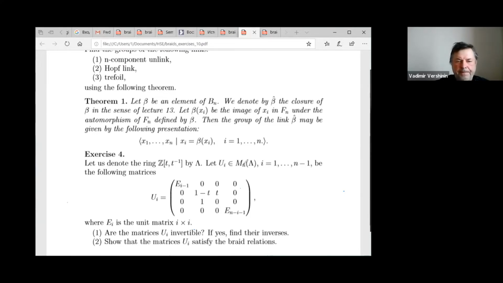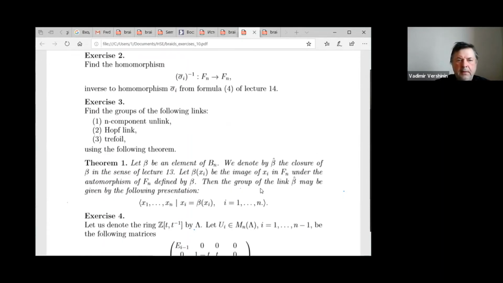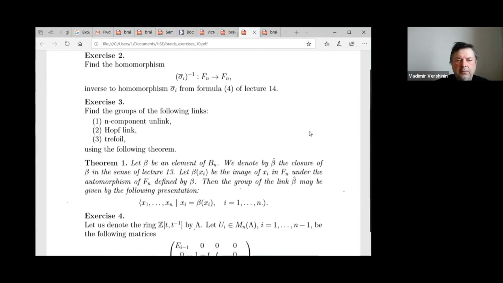Let beta be the element of the braid group.